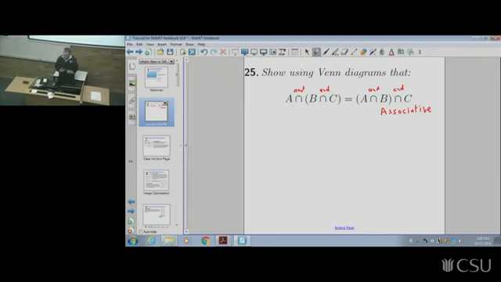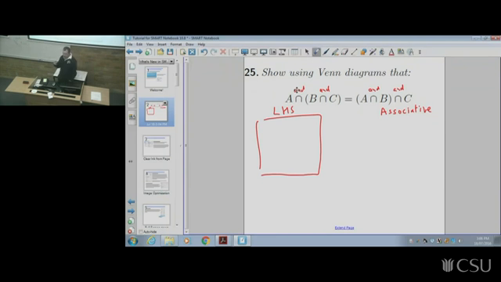The way to do it is to use pictures, Venn diagrams. I'll draw a picture for both sides, as there are two sides of the equation. We'll call the first picture the left-hand side, and I want to draw a picture corresponding to that expression.